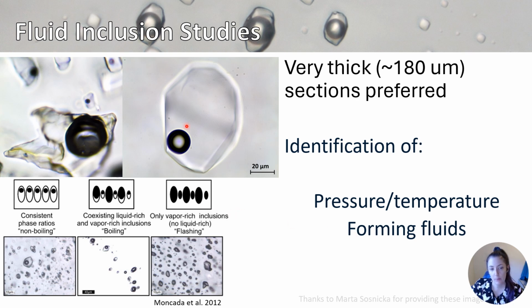So you can look at the proportion of the vapor to the liquid in each of the fluid inclusions. You can sometimes see that there are tiny little crystals in the fluid inclusions that give you an idea of their composition, and you can also heat these fluid inclusions back up until they homogenize, which gives you an idea of what temperature these might have formed at.